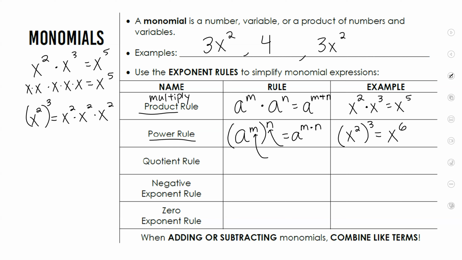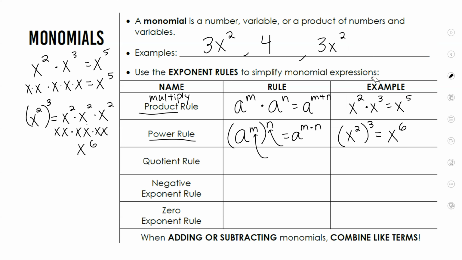X squared is 2 x's. This is 2 x's. And this is 2 x's. So total, that's x to the 6. A quick way, just multiply your exponents. 2 times 3 is 6.